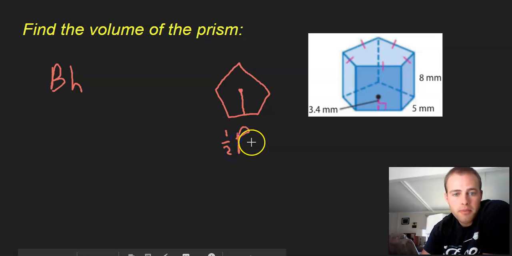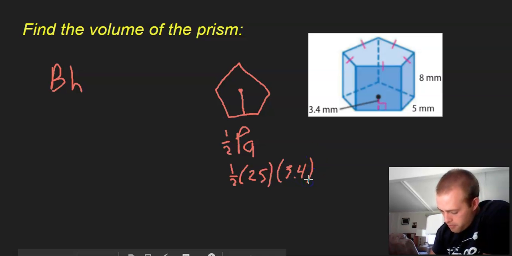1/2 perimeter times apothem. 1/2 times the perimeter is 5 times 5, or 25. The apothem, here it is, given to us, 3.4. On la calculadora. 12.5 times 3.4 gives us 42.5.